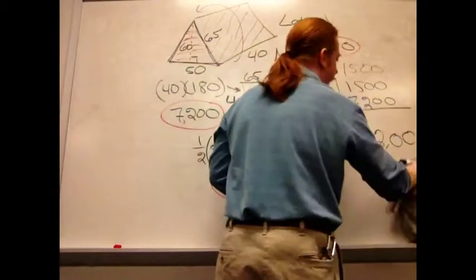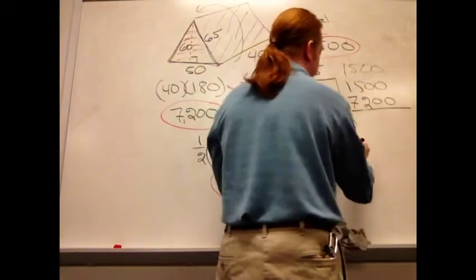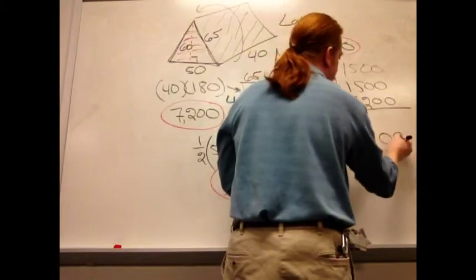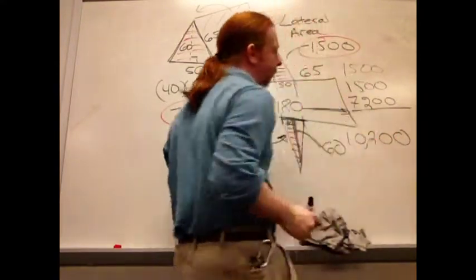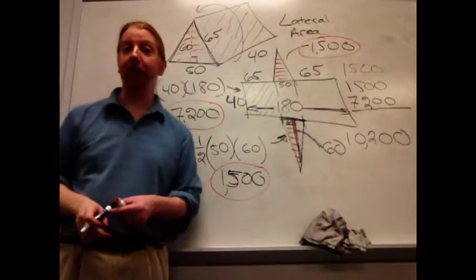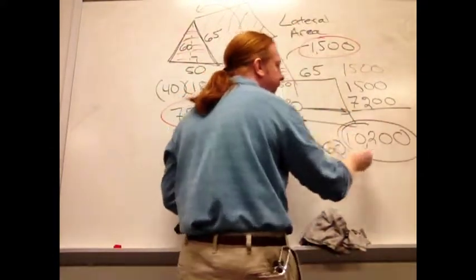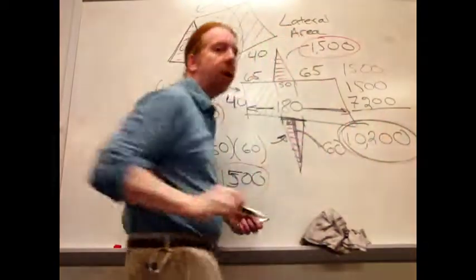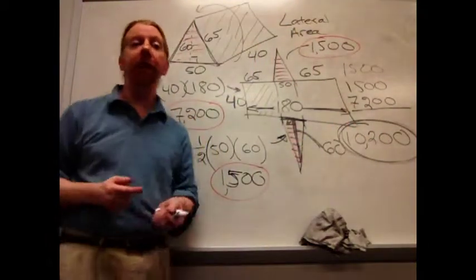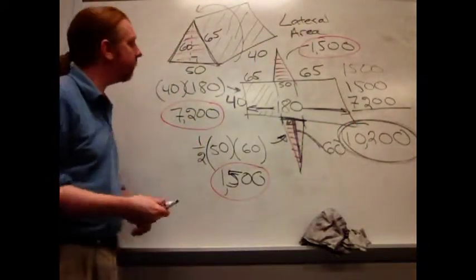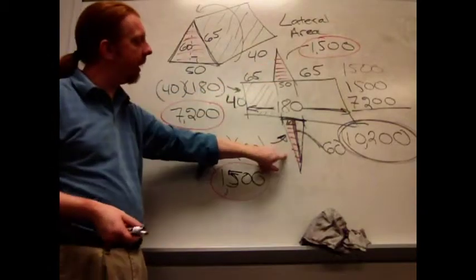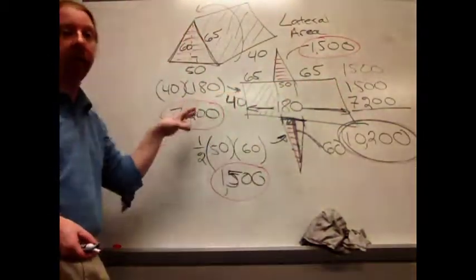Ran out of space there. Probably a good thing I ran out of space. Yeah, that is the total surface area of my object. It represents three distinct pieces: front, back, and the lateral area.